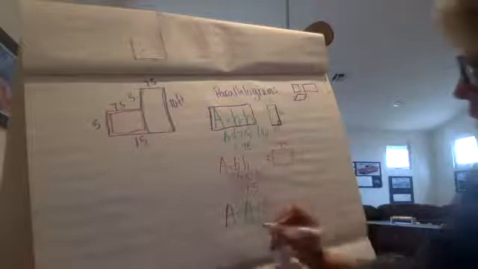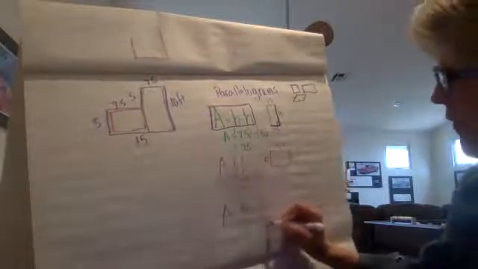For green, we got 75 square feet. For pink, we had 37 5/10. So if we add those two numbers together, because we want the whole shape, we don't want to just carpet part of the room.